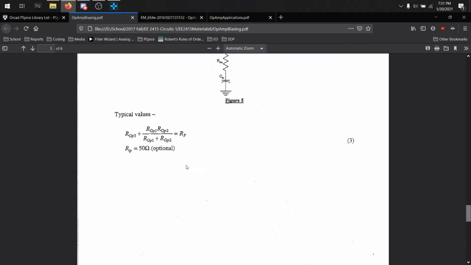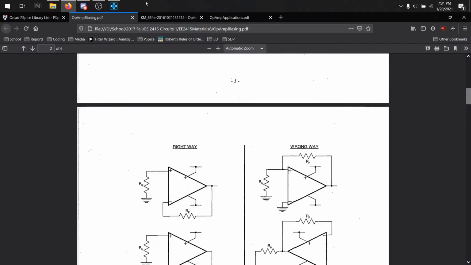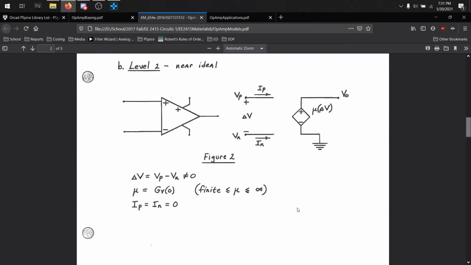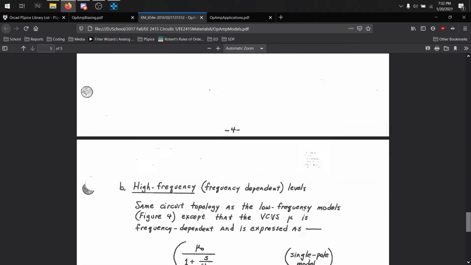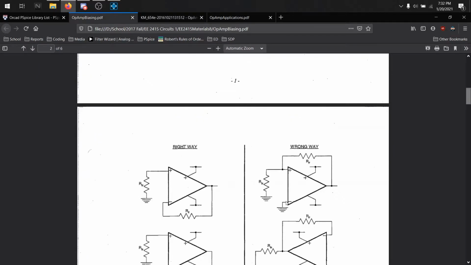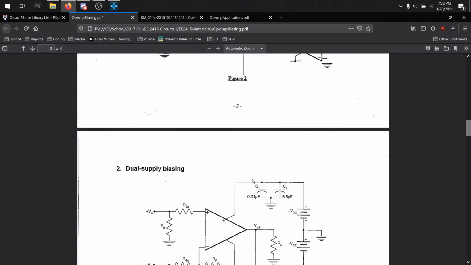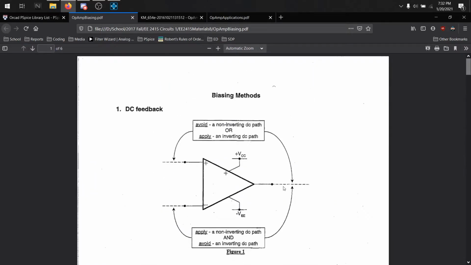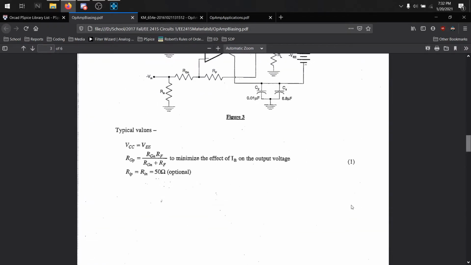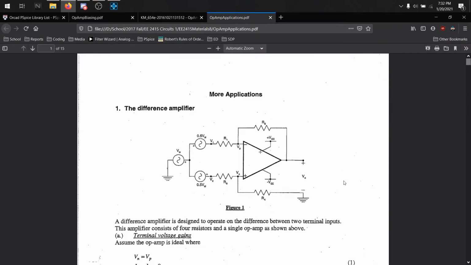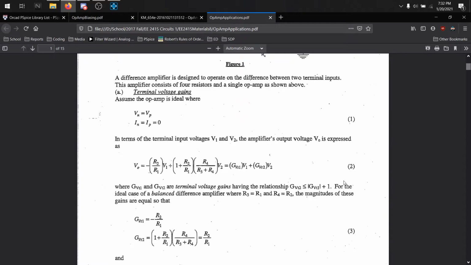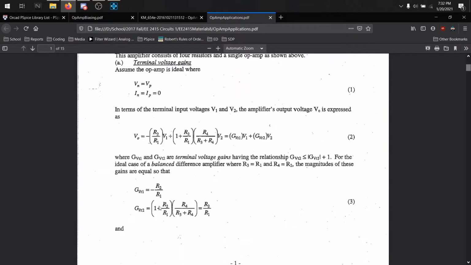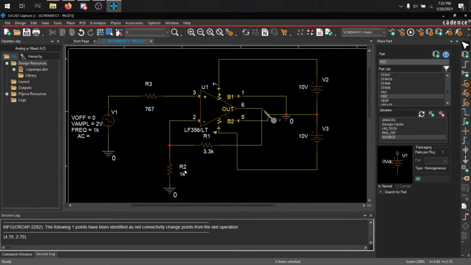So if we go back to... no, it's not here. Oh, I don't have his stuff pulled up right now for that, do I? All right, right here. This is the equation for gain. It would be R2 over R1. But in this case, it would be R1 over R2. I just didn't put them in the right spot.